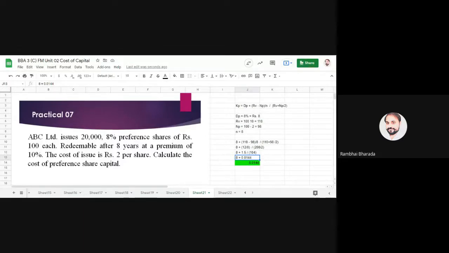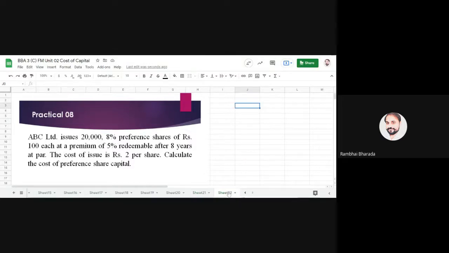But in question number 8, ABC company issues 20,000 8% capital shares of rupees 100 at a premium of 5%. So this 5% premium is applicable to which value? Issue value. And redeemable after 8 years at par. After 8 years, which value is given to you? Par value, meaning the basic value, the face value.